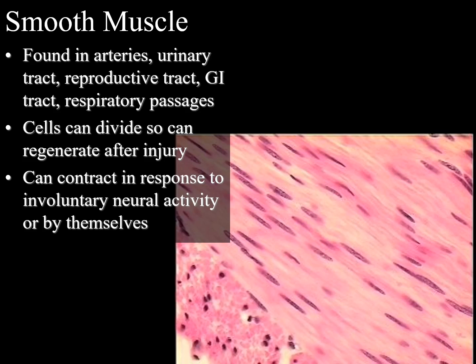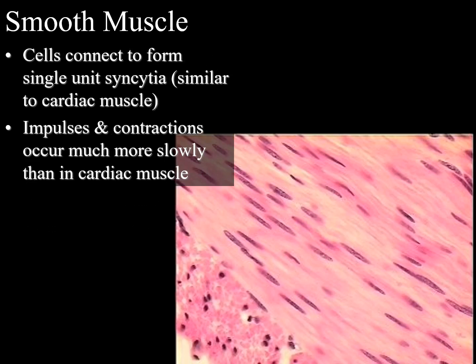So after an injury, these can recover pretty well because they can replace themselves. They can make new ones. The contraction is either in response to neural activity from part of the nervous system that you do not have direct conscious control over, or they can contract just by themselves. Either way, the smooth muscle cells are bound together into contractile units.